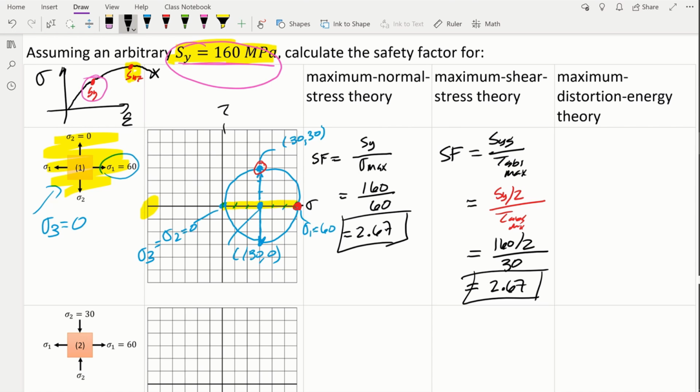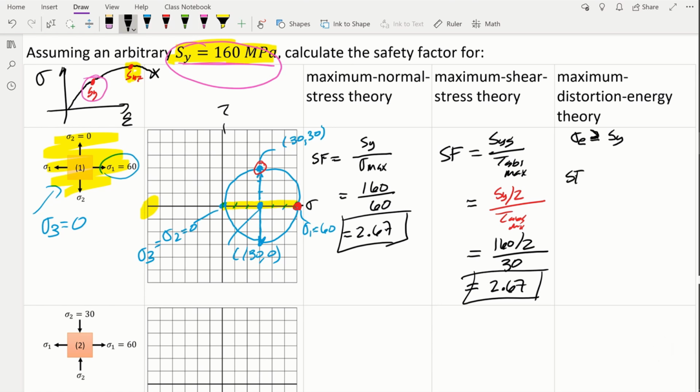Finally, let's do the maximum distortion energy theory. Remember what that theory says? The theory says that we have to calculate the equivalent stress, right? A stress that is causing about the same distortion. And if this equivalent stress is greater than or equal to the yield strength of the material, we got failure, right?